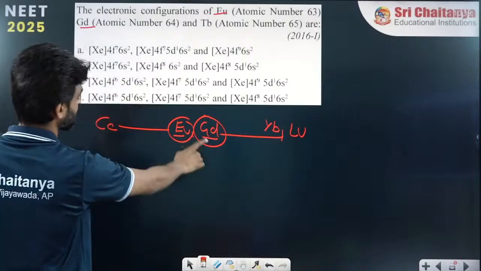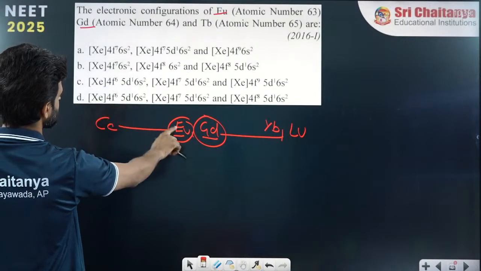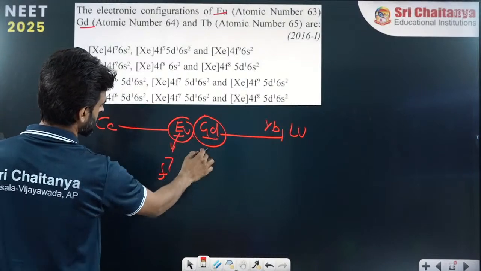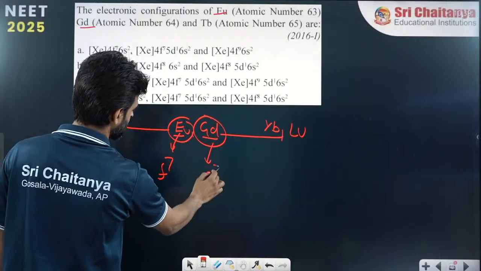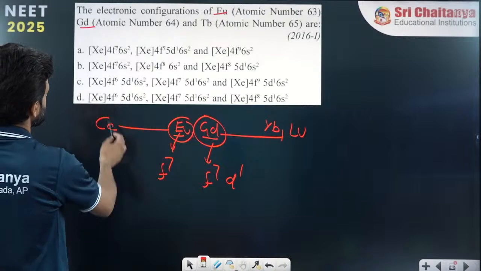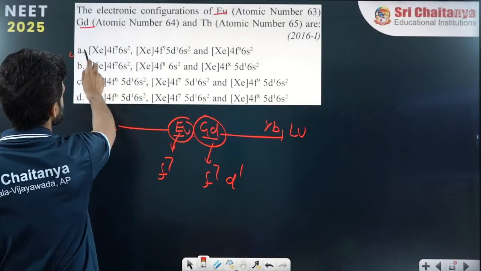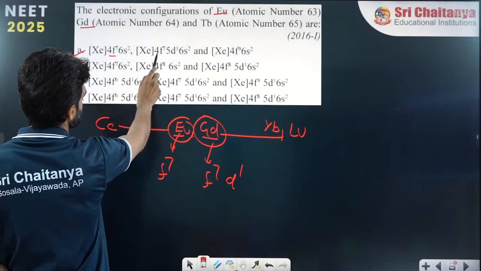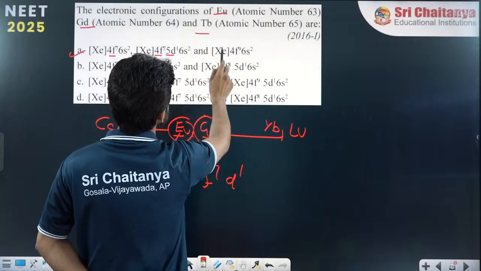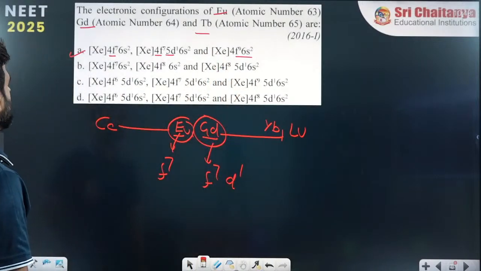That's why there is something special about it. You see, where is f7, 6s2? This is f7, no d electron. It is f7 and d1 also. So try to find such an option. Yes, you have f7 here, f7 d1 also, right? And they are saying terbium f9, 6s2. Fine. Okay, good.